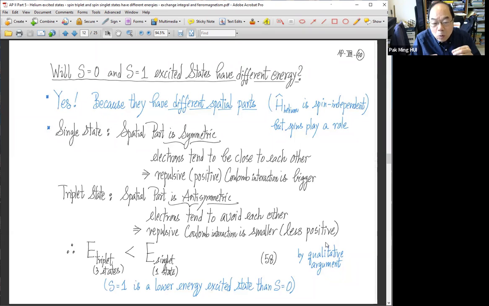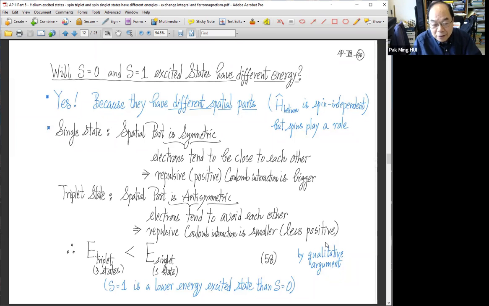Therefore, the Coulomb repulsive term in the energy, which is positive, will be less positive. In the other case, if the spatial part is symmetric, that is to say, the singlet excited state, they tend to like each other, but the Coulomb repulsion term will be more positive.